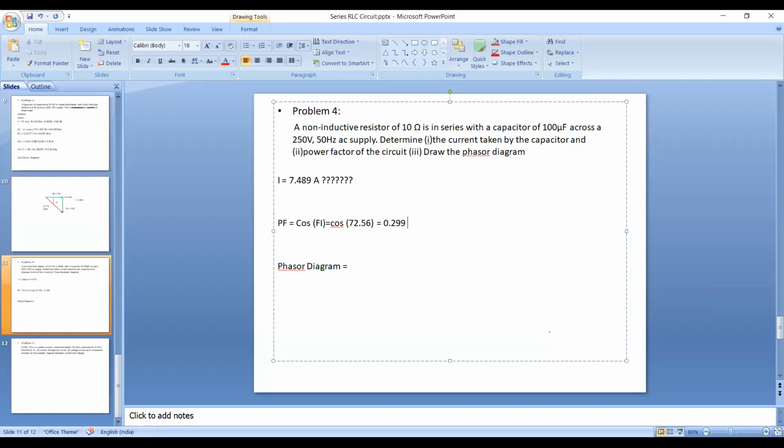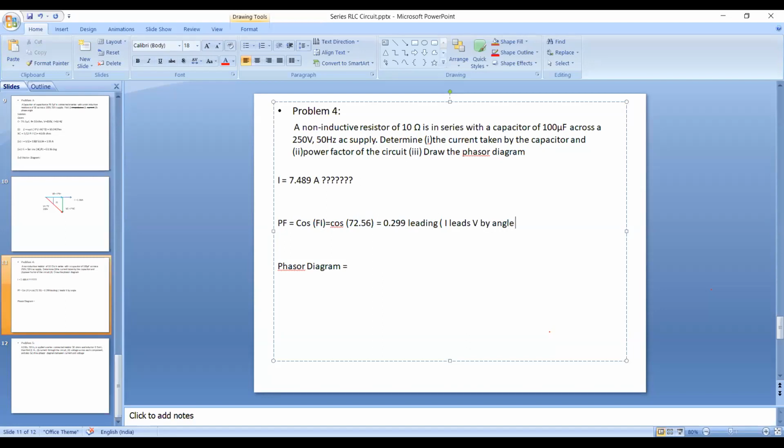I want you to pay attention over here. This power factor is taken as lagging, sorry, it's a capacitive circuit, so it is leading. Simply because current leads voltage by angle phi.